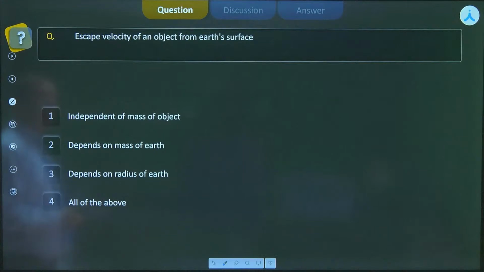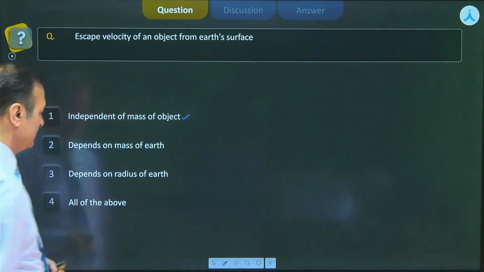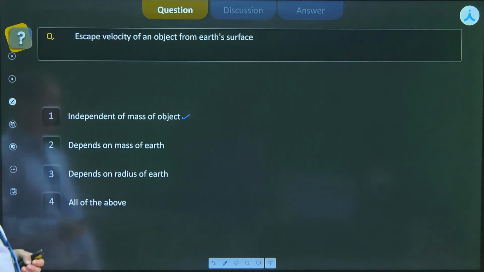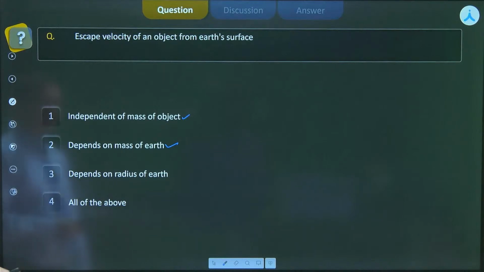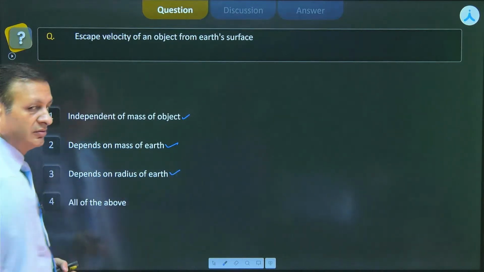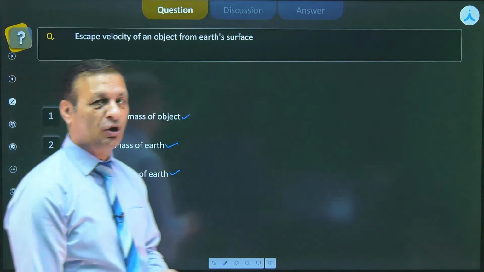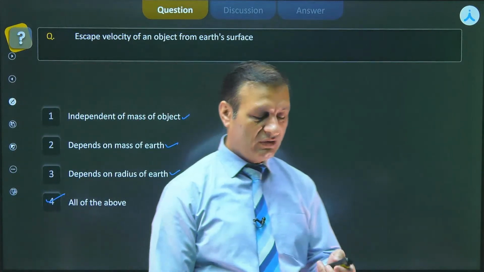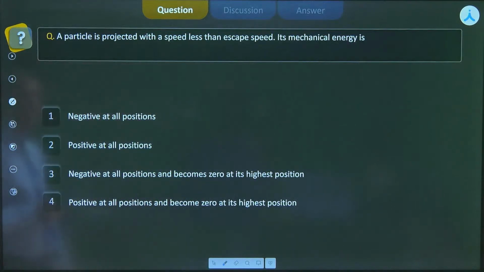Escape velocity of an object from Earth's surface is independent of the mass of the object. Yes. Depends on the mass of Earth. Yes. Depends on the radius of Earth. Yes. All are correct. This is the power of understanding. Once you have understood it well, you can answer it like this. Moving to the next: a particle is projected with a speed less than escape speed, its mechanical energy is.